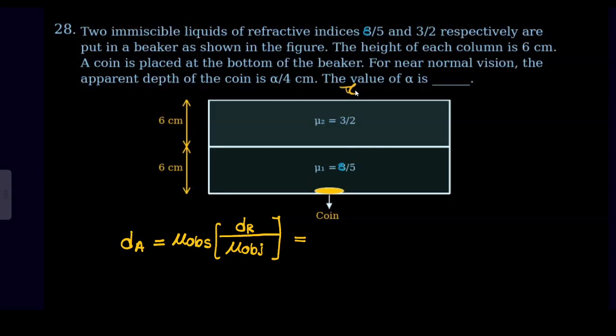First, here the observer, take it as A. So the refractive index. Next, here the actual distance is how much? 6 centimeters.